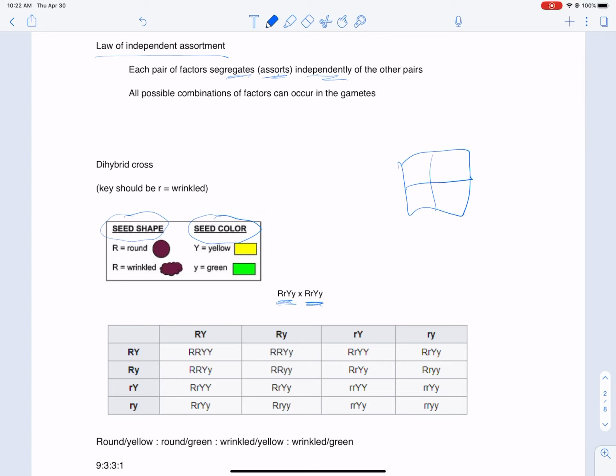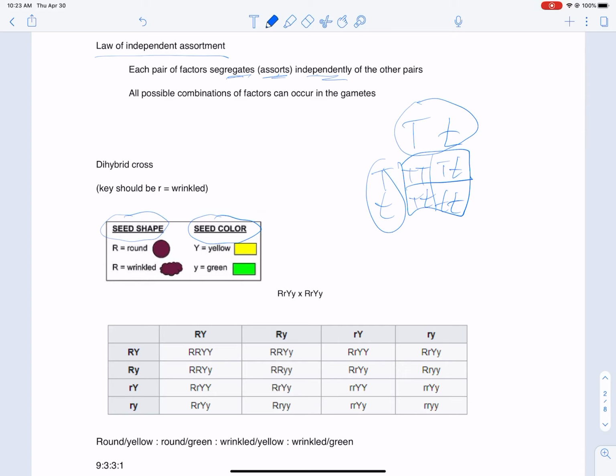say when we were taking a look at tall and short, you always have two traits from each parent. And from that, you're going to end up with two traits. And again, it was one from each parent. Well, I'm taking a look at the two traits here for seed shape and the two for seed color.